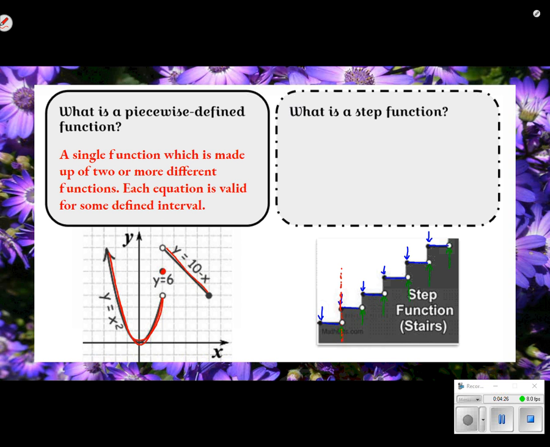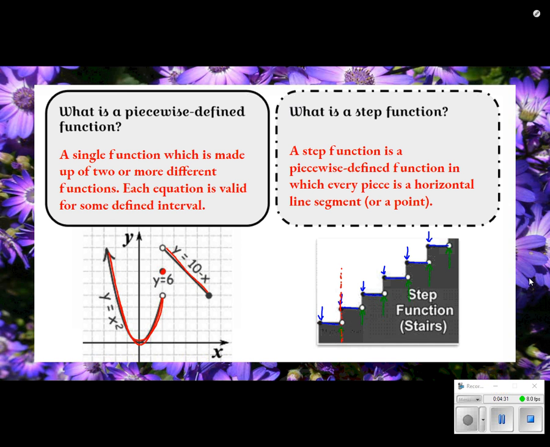So it does pass the vertical line test. A step function is a piecewise function where every piece is a horizontal line segment, or it could be a point, but we're going to look at the horizontal line segments to build our steps. And it is a function. It passes the vertical line test.